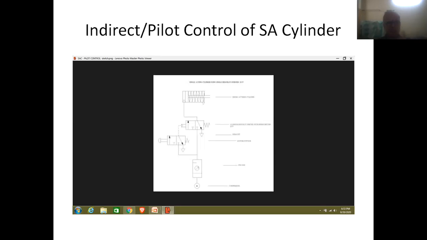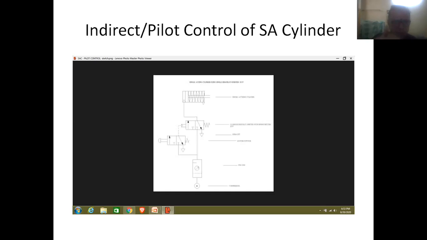So friends, as the name itself implies, we can see the arrangement of a pilot valve, the arrangement of a DC valve, and finally the arrangement of a single acting cylinder. Initially the pilot valve will be controlling the action of the DC valve, and finally the DC valve will be controlling the operation of the cylinder.